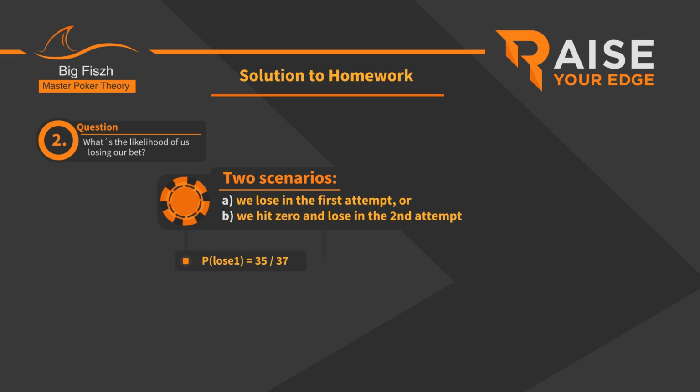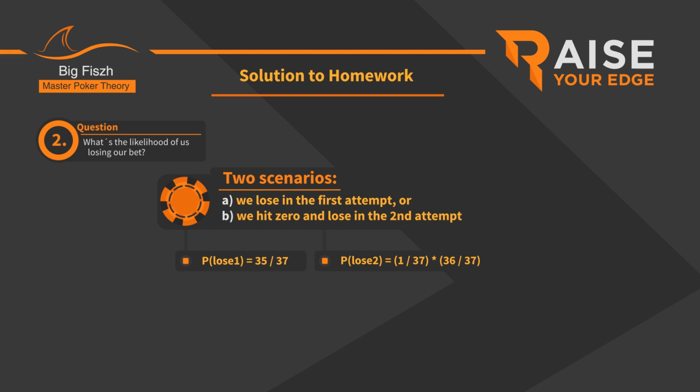Everybody agree? Scenario B is a dependent event now. It can only happen once we hit the 0 in the first run. This again happens in 1 out of 37 times, 1 zero out of 37 numbers. Once that happened, we lose in 36 out of 37 times, as the 0 does not help us anymore.